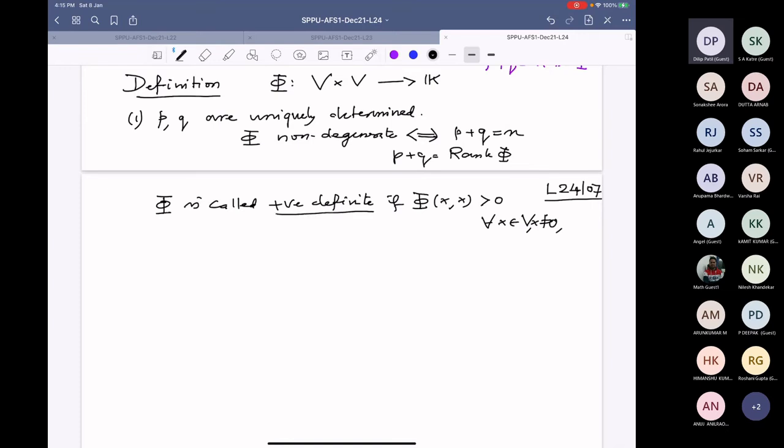Negative definite if phi of x, x is negative for all x in V, x non-zero. I should have also added positive semi-definite, that is when you allow the equality here.